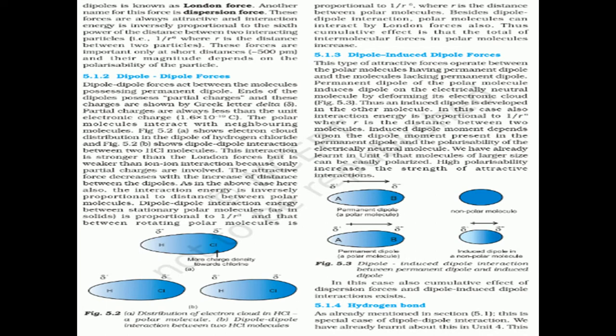Now these type of forces occur in molecules which have permanent electric dipole, such as HCl, NH3, H2O, etc. A polar molecule has separate centers of positive and negative charges, and the ends of the dipoles possess partial charges, and these partial charges are shown by the Greek letter delta.